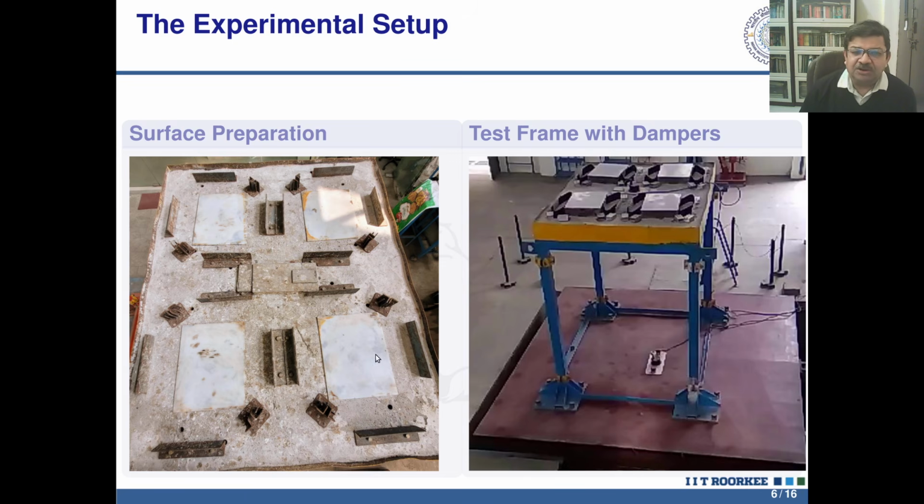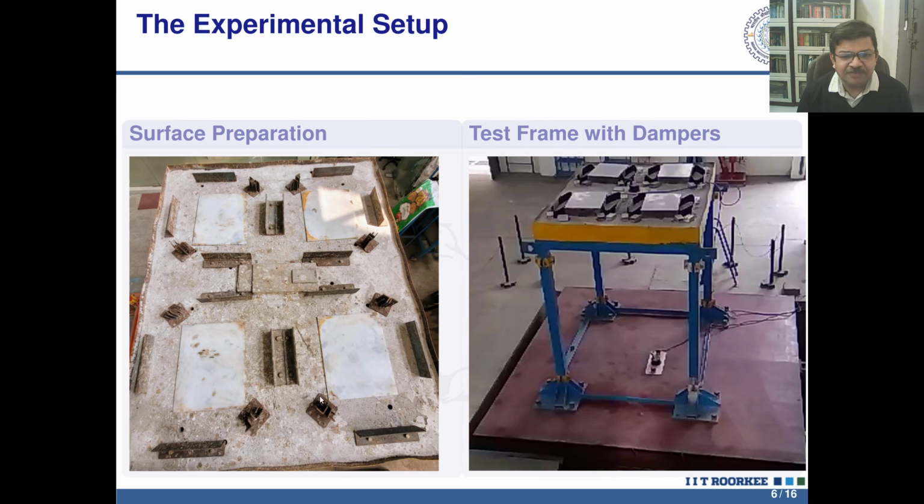And in order to develop the reaction of the spring, I put reaction blocks of steel angle sections. So I prepared this slot using these angle sections. You can see this angle section, angle section, angle section.